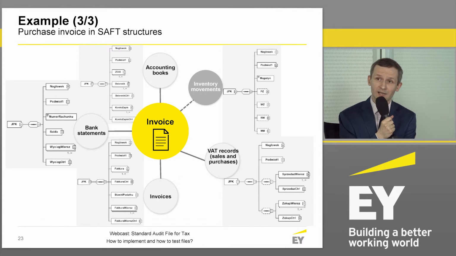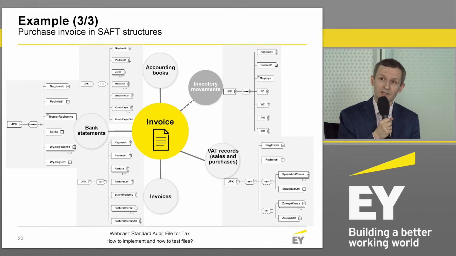So the same document will be reflected in all five SAF-T structures that are in Poland, and the information provided in all those structures should be consistent between all types of files. And this is one idea of testing.